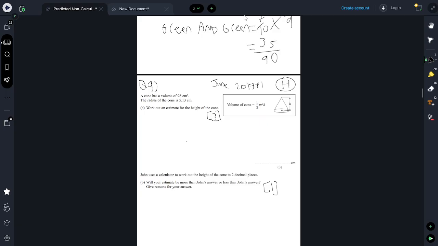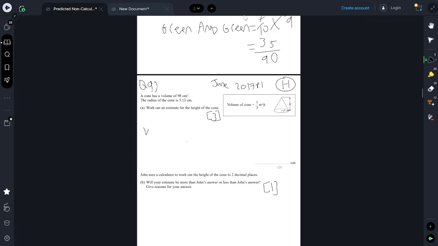Okay, so this is an estimation question, which can be on foundation as well. Estimation has to be on your non-calculator paper because the whole idea is estimating without a calculator. So we need to estimate the height of the cone, but we are given the formula we need, the volume of a cone.